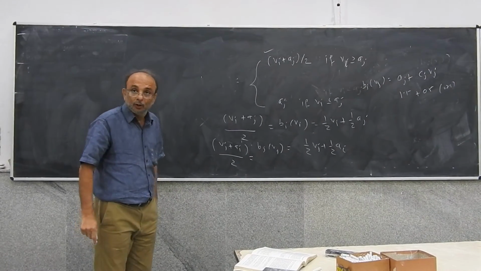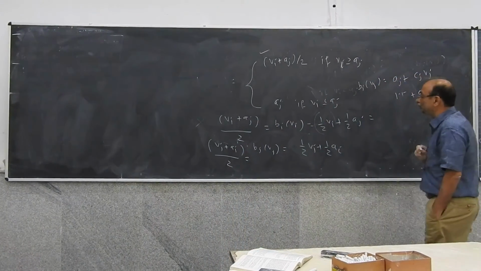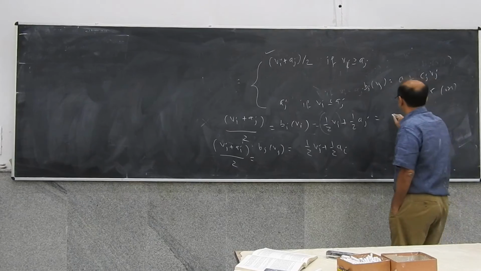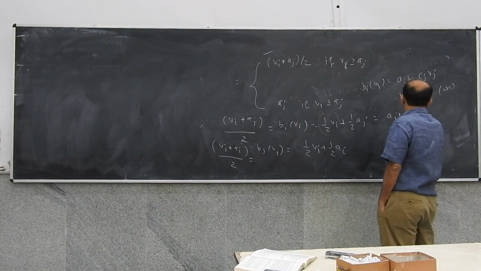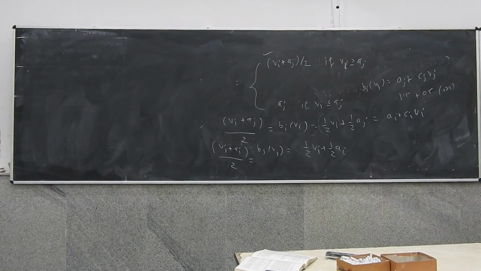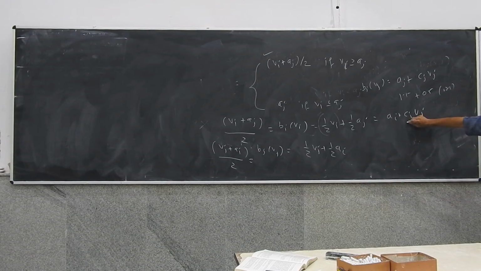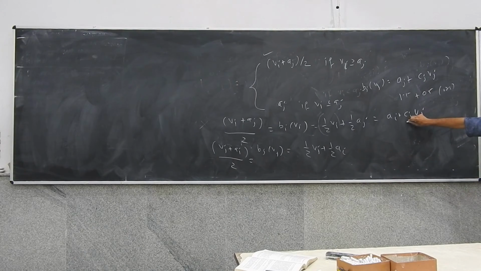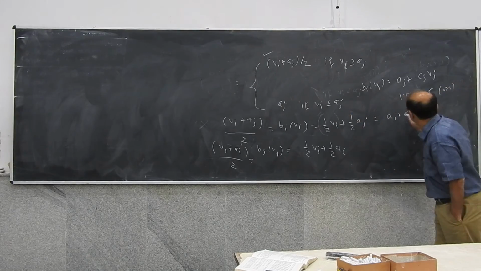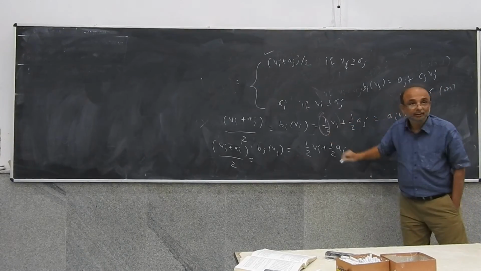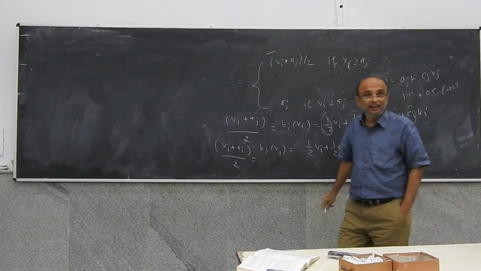So what is this really? This has to be the same as Ai plus Ci times Vi, because we are looking for equations of this kind. Which means that Ci must be equal to half, and Ai must be equal to half Aj.